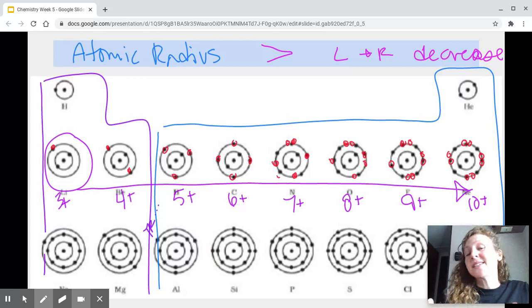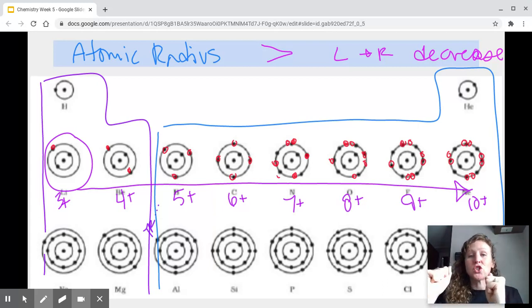And the reason is this, because the atom is built off attraction, right? We have protons in the middle, we have electrons on the outside. Well, if I get more and more protons, the more protons I have, the more strongly it's going to attract that electron. And the more strongly it attracts that electron, the closer that electron gets pulled to the nucleus. So lithium only has 3 protons. It can attract that electron, but not very strongly.